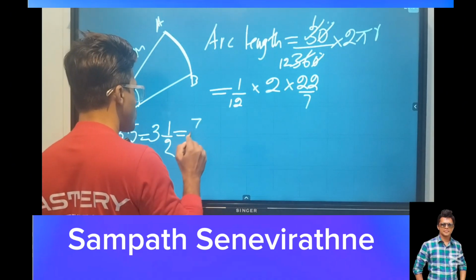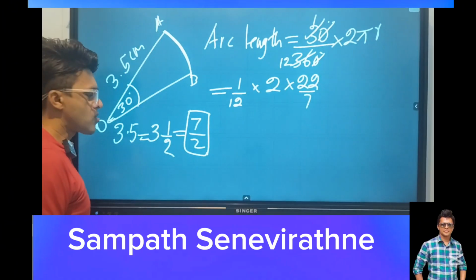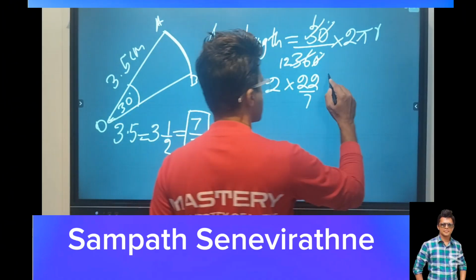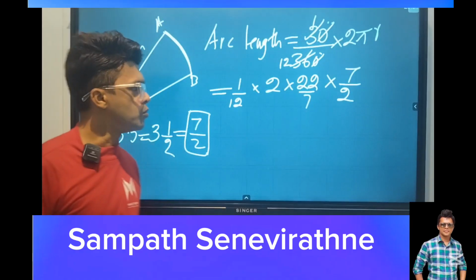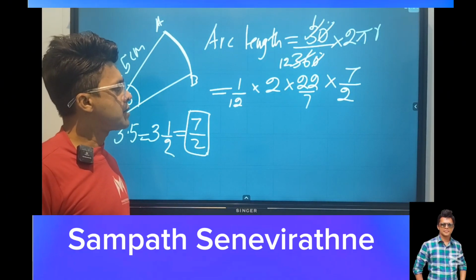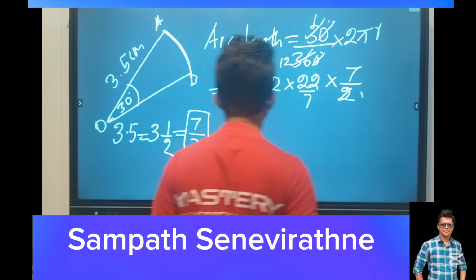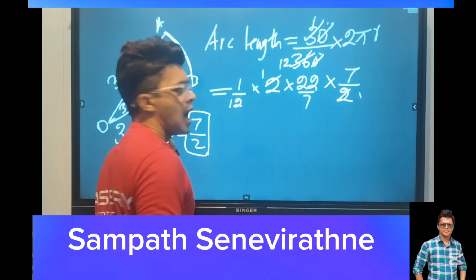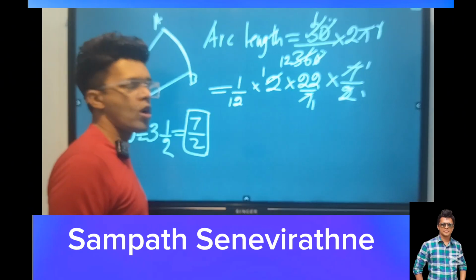Instead of 3.5, we could write 7 over 2. Now we can simplify these fractions. The 2 and this 2 cancel out, that's 1 each, and the 7 and this 7 also cancel out.